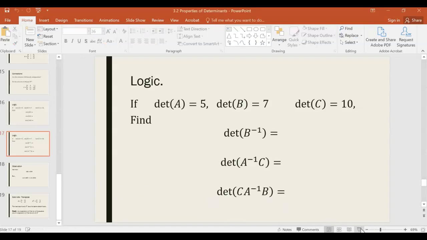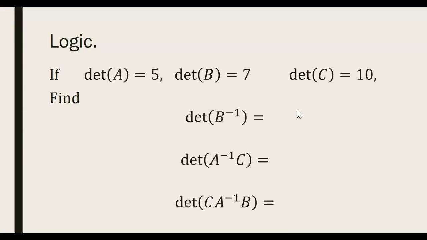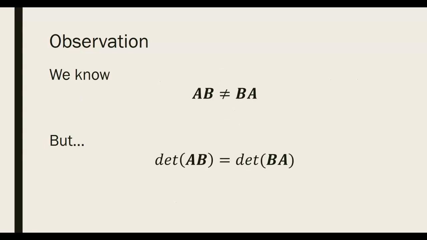Now, the observation that I've made already a couple of times, I just want to make that explicit. We know A times B is not the same thing as B times A in general. So we know matrix multiplication doesn't commute.